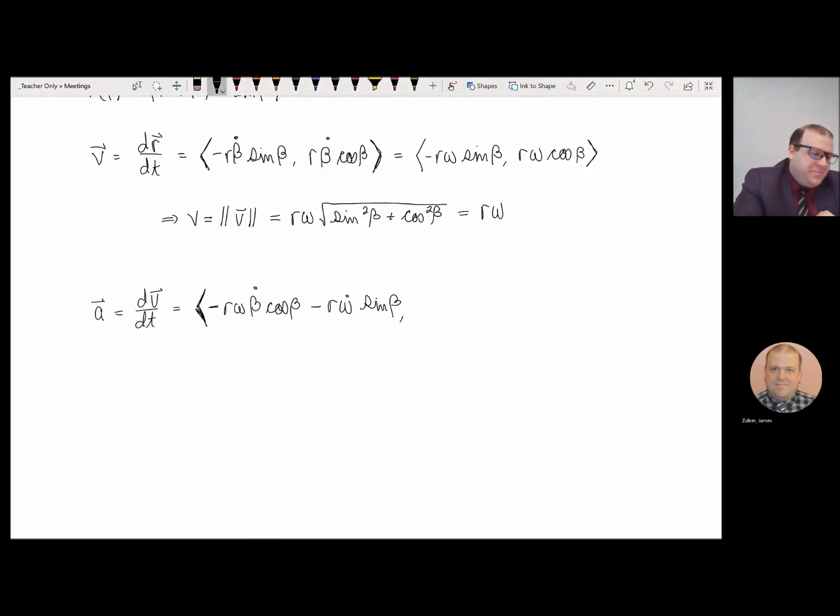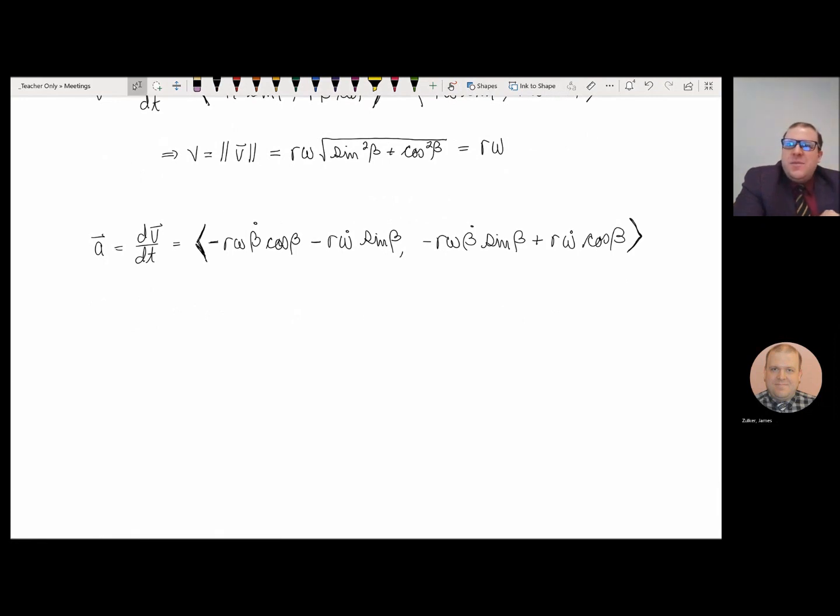Second component. See that, wouldn't it? We already know what beta dot is, right? That's omega.